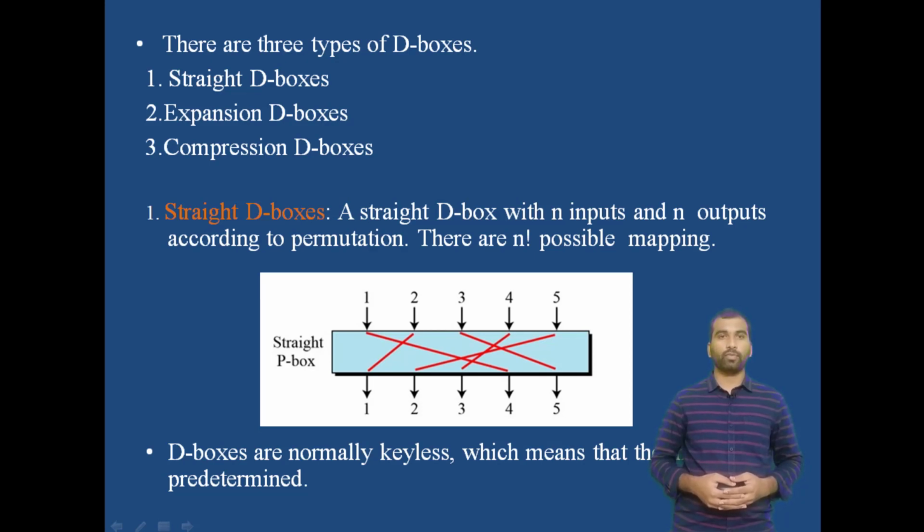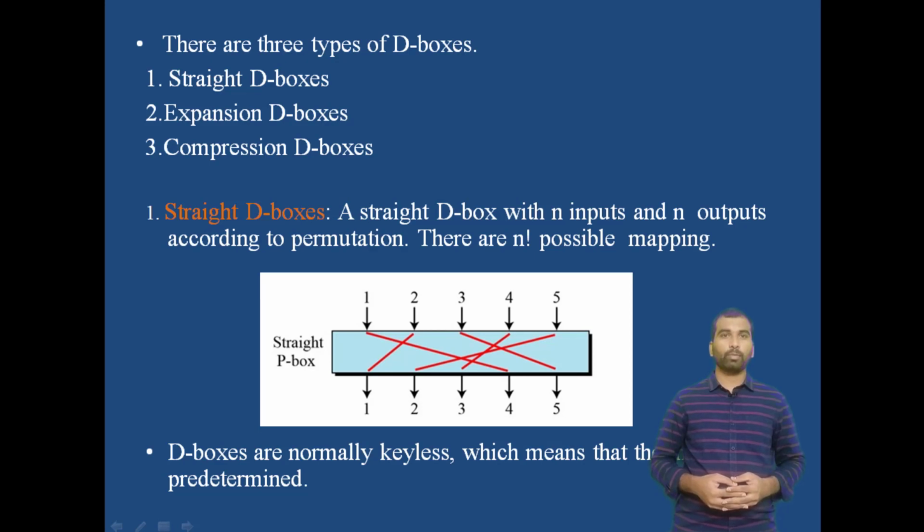The first input is mapped to the 4th output, the second input is mapped to the first output, the third input is mapped to the 5th output, the 4th input is mapped to the 3rd output, and the 5th input is mapped to the 2nd output. We cannot use any key here, so the mappings between the inputs and the outputs are already predetermined.